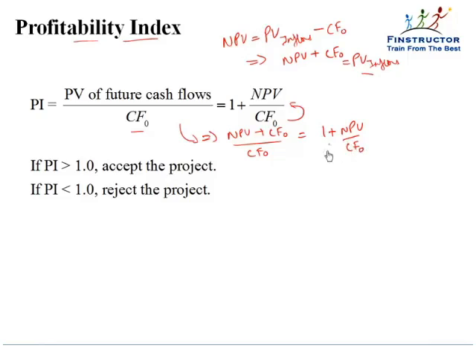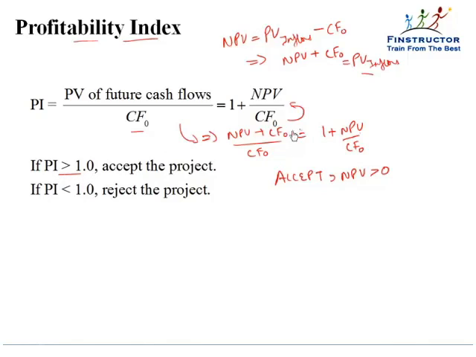Now, when do we select the project, or when do we accept a project? We accept when NPV is greater than 0. So if NPV is greater than 0, what will the profitability index be? It will be greater than 1.